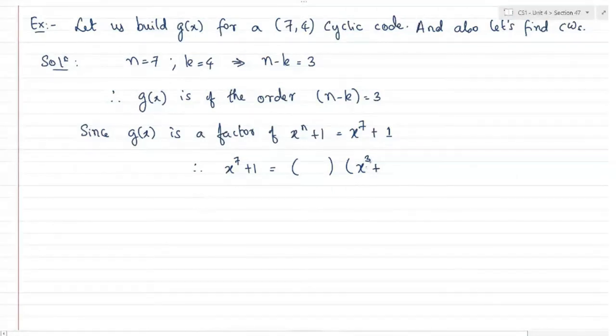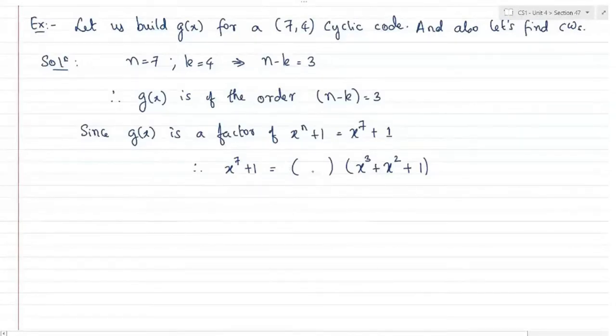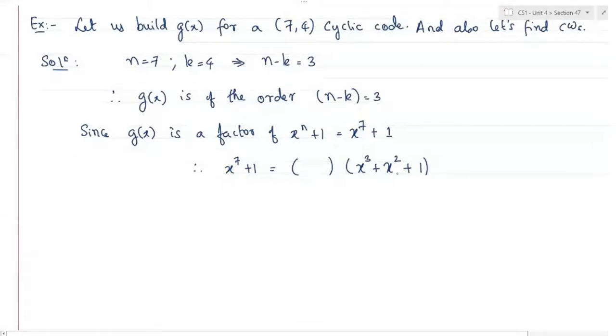I cannot take x, because multiplying with another polynomial should also result in a factor 1, and hence this forces me to take plus 1. I hope you get that point. Multiplying with another polynomial, x power 3 plus x square plus 1 should also result in x power 7 plus 1.